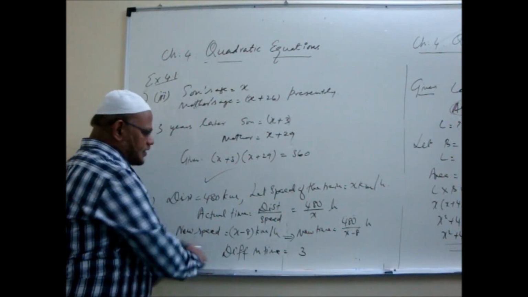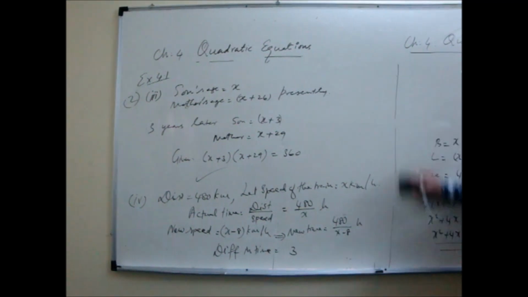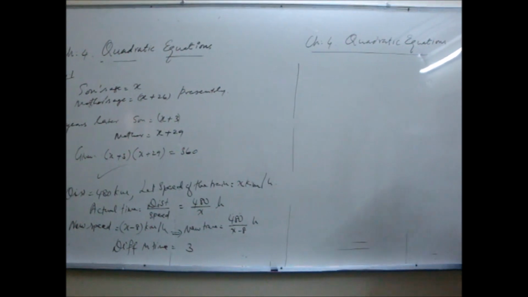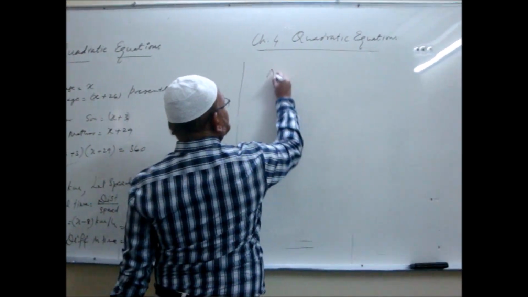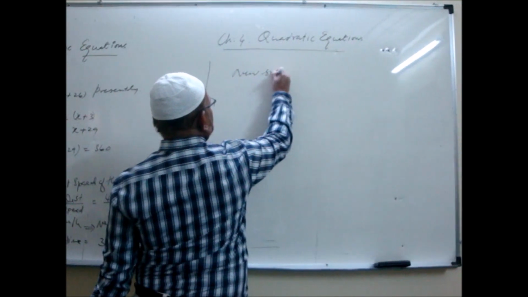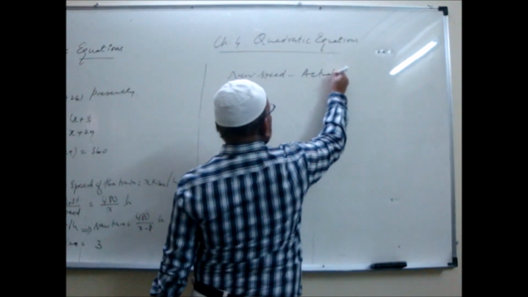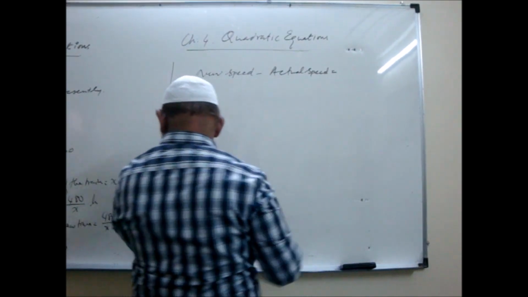So when you write new time minus actual time, you will get the equation. As per the question, new time minus actual time is going to be 3 hours.